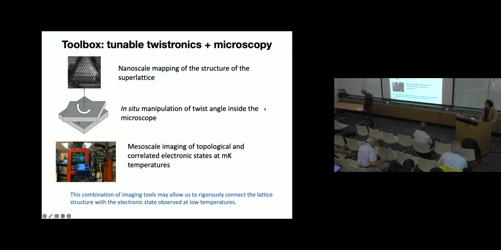We also have in situ manipulation of the twist angle and active devices inside of a microscope. And then finally, we can combine these with mesoscale imaging of topological and correlated states at millikelvin temperatures using microwave imaging. Our hope is that the combination of these imaging tools might help us to rigorously connect the underlying lattice structure with the electronic ground states that are observed at low temperatures.